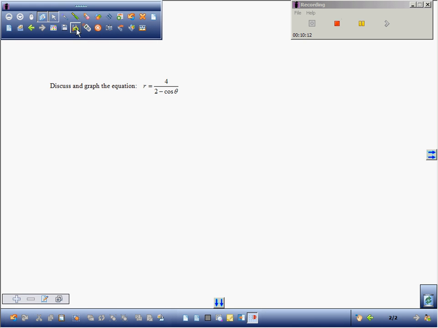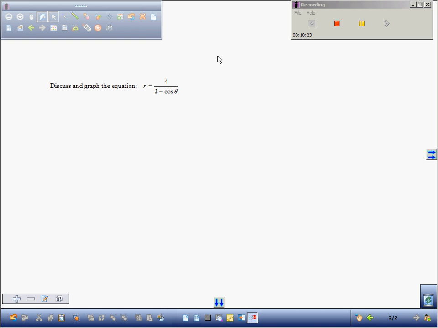So there's lots of things that you have to do. First of all, this is a polar equation. So if you're plugging this into your calculator, you'd have to be in polar mode, and you put in r equals 4 over 2 minus cosine theta, and it will actually do this for you.